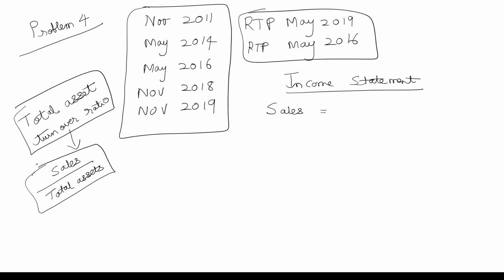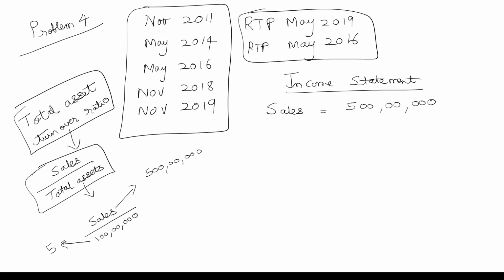In this case, I know the total assets, it is 100 lakhs. This is the total of non-current and current assets. I know the ratio, it is 5 times. What I don't know is the sales. If I do a quick reverse working, I will know that my sales is 500 lakhs, which is basically total assets into the total assets turnover ratio. So let me put my sales here, which is 500 lakhs.